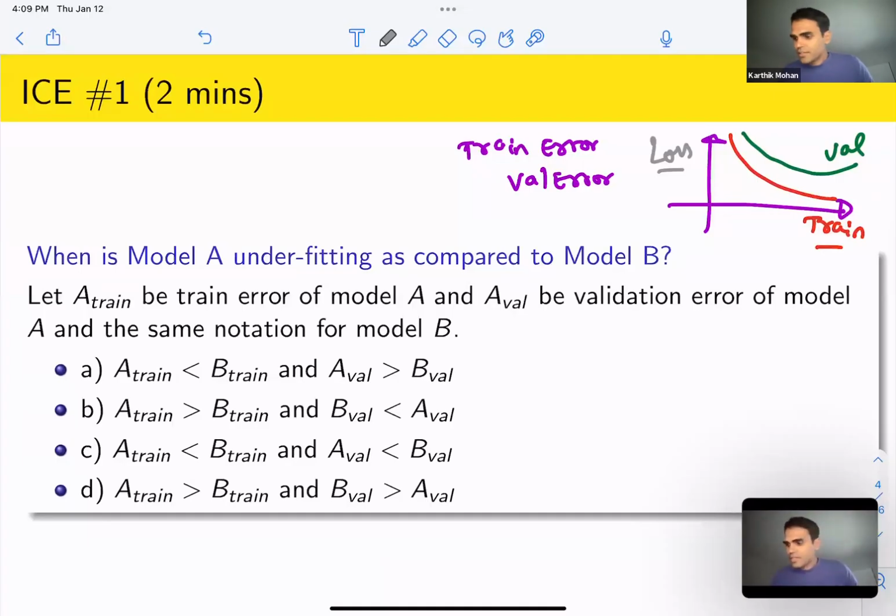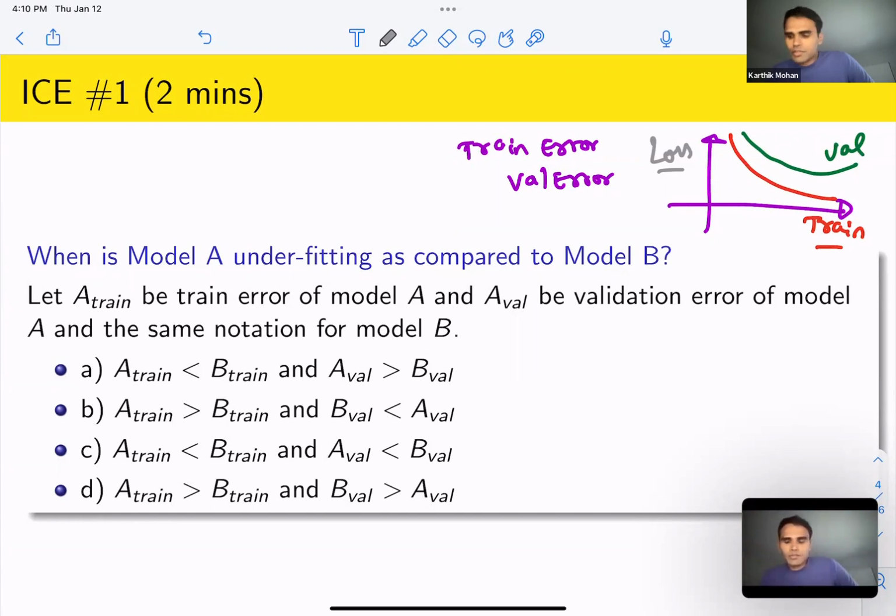So hopefully you had a chance to think about this question. Clearly, if model A is underfitting as compared to model B, the training error for A must be greater than the training error for B. Would you agree? Something that's overfitting will always have a lower training error.